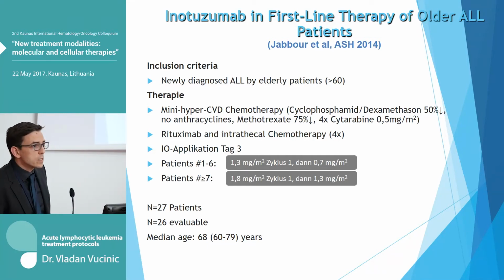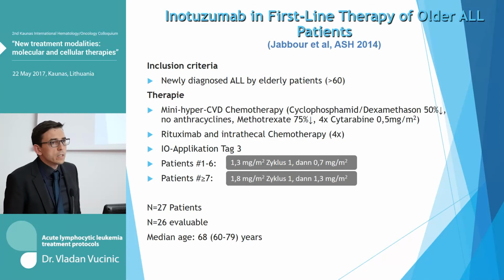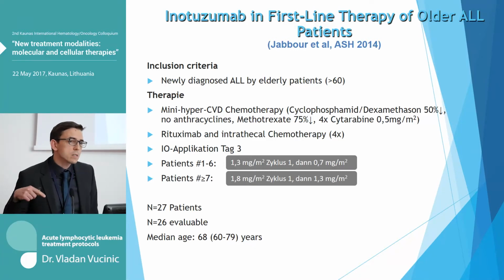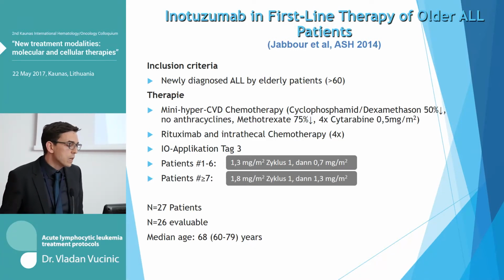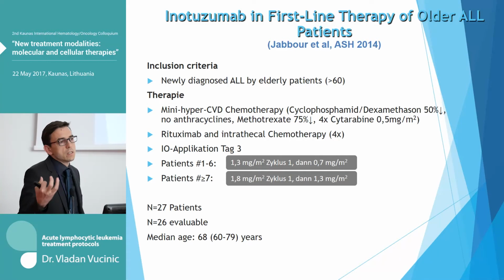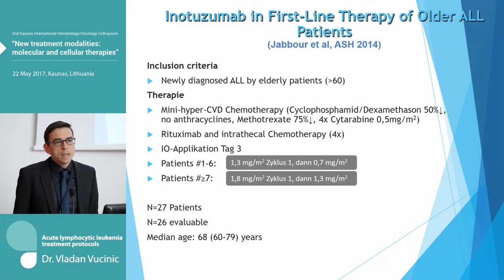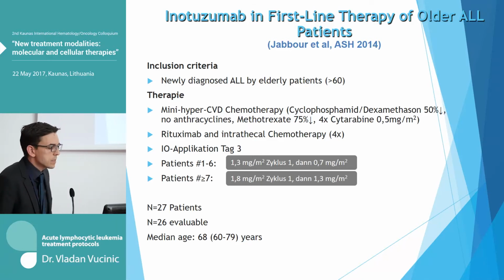Inotuzumab ozogamicin is a conjugated antibody, anti-CD22, conjugated with calicheamicin. Calicheamicin is a toxin, and after ingesting this toxin, the tumor cells die. They reduced the hyper-CVAD, and they reduced it quite rapidly.